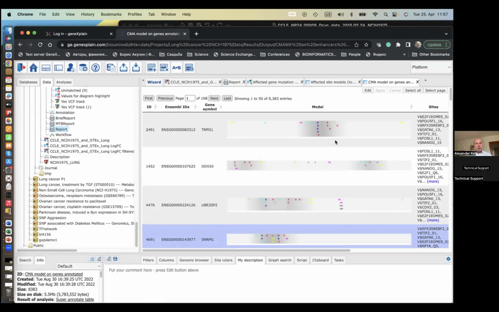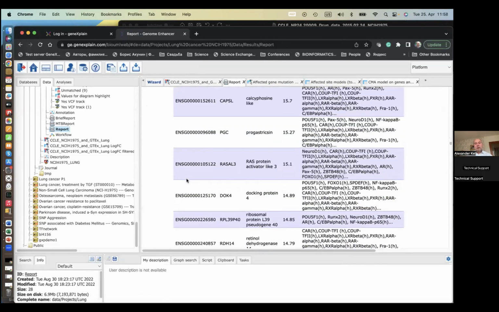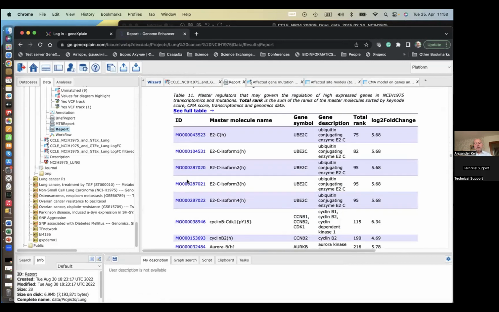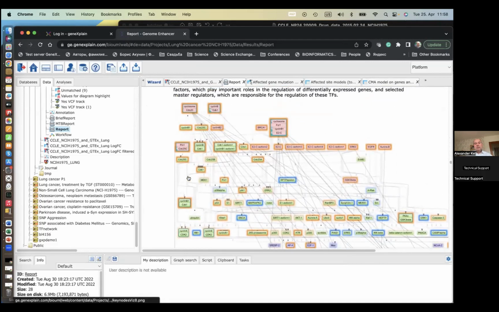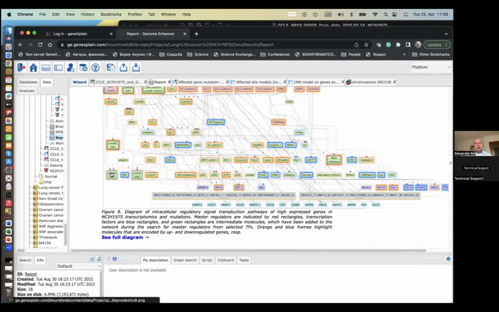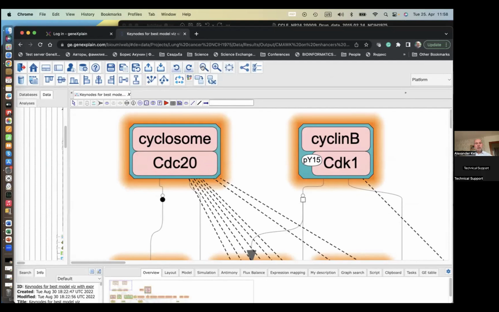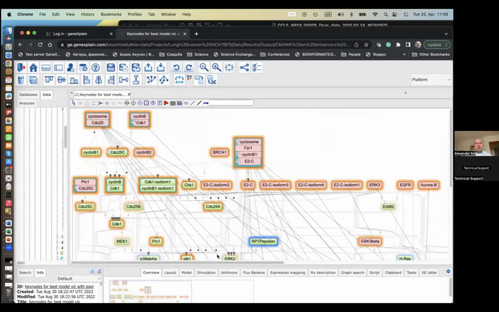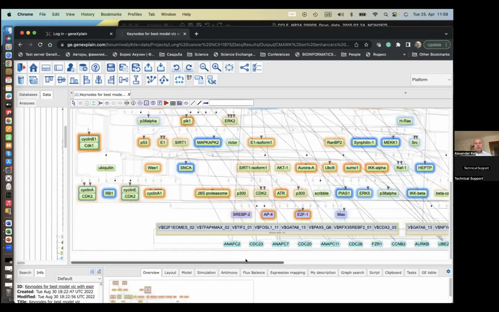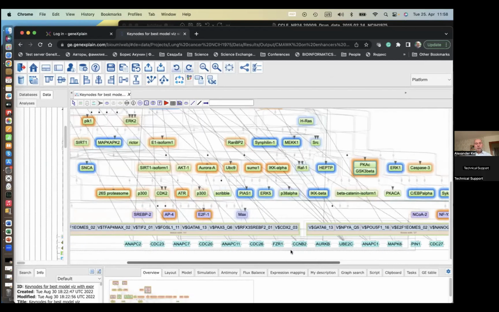So what is the process which makes this transcription factor active? We call it the upstream analysis, and it creates such maps of the networks. We can show it a little bit more in detail. It creates such networks, where at the bottom of that network you see these genes which are upregulated in that cell line.